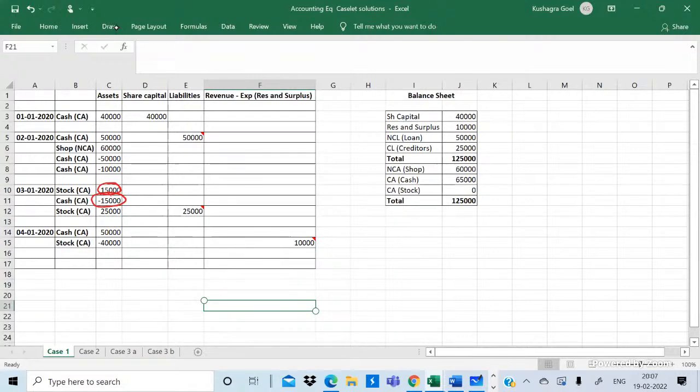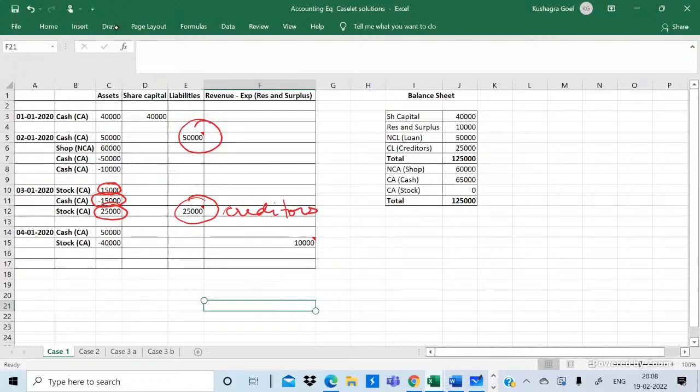Then on the same day, they go and buy stock worth 25,000. So that's again nothing but an asset. So an asset is going up worth 25,000. So I write it under the asset side. Assets are going up. And what's the corresponding effect? I don't make an upfront payment. I'll make a payment after 10 days, 15 days, or maybe a few months. So my liability in terms of creditors or suppliers is going up.